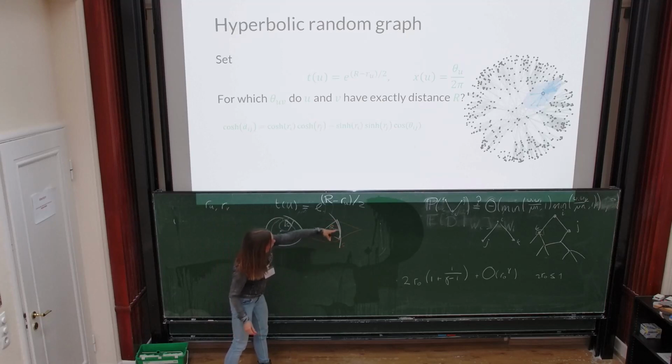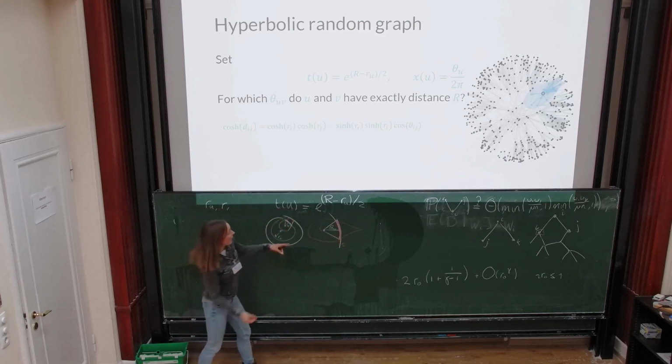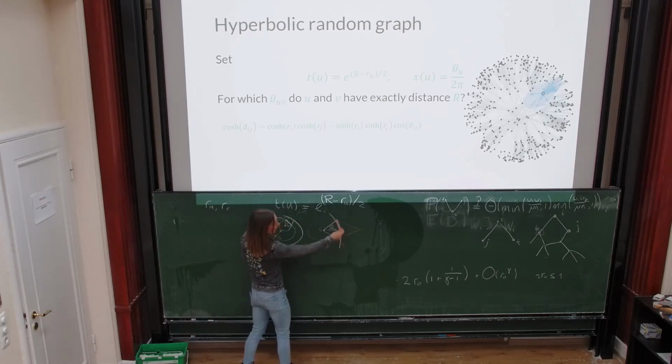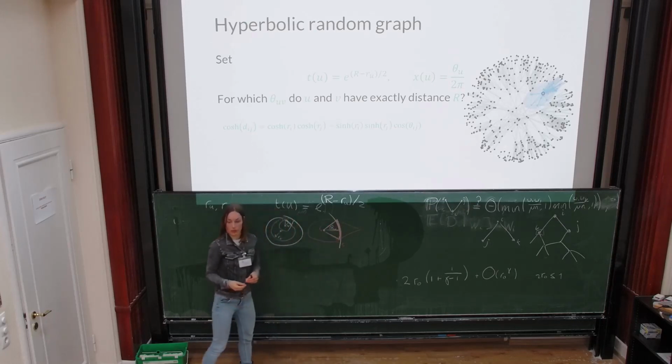We know the other point has radius RV, so it should lie somewhere on this circle. And I want to quantify the angle here, because then I know what the width of this segment is.